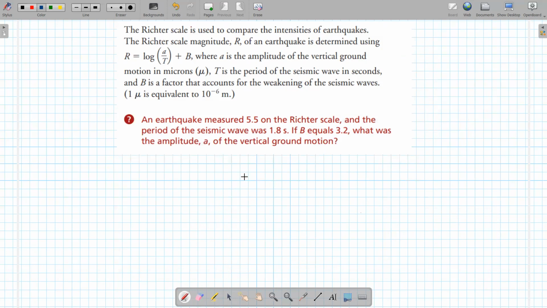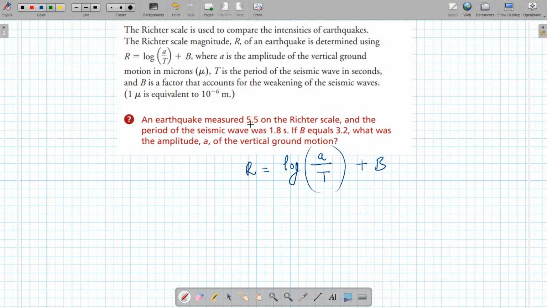So the equation for this is given up there somewhere. The Richter scale R equals log of A over T, where A is the amplitude, T is the period of the waves, plus B. B is like a constant. So what have they given us here, and what are they asking us to find?